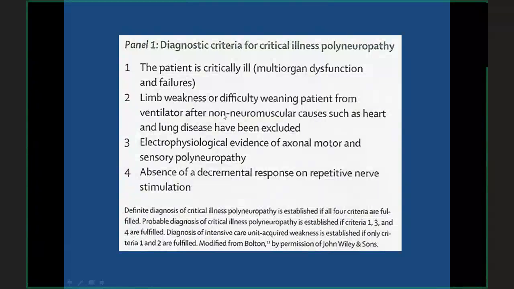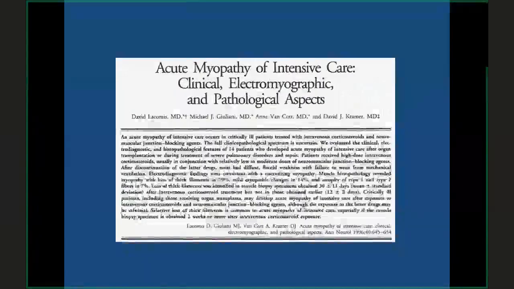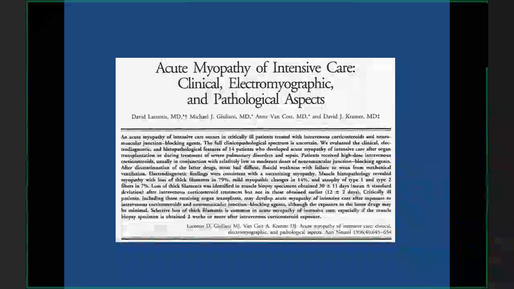So that's the diagnostic criteria. In the older days, they did repetitive stimulation, basically to rule out a neuromuscular junction disease like myasthenia gravis. So that's CIP.